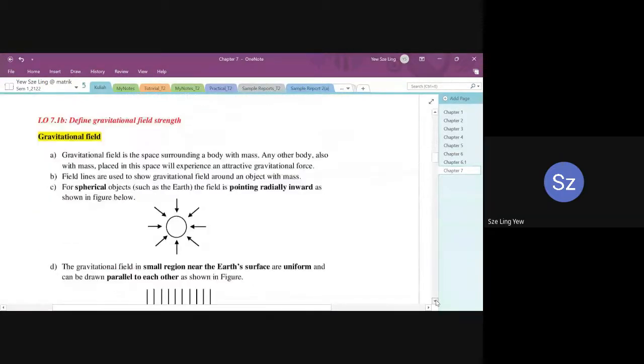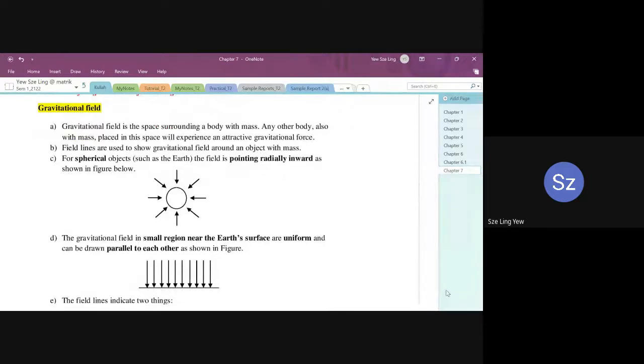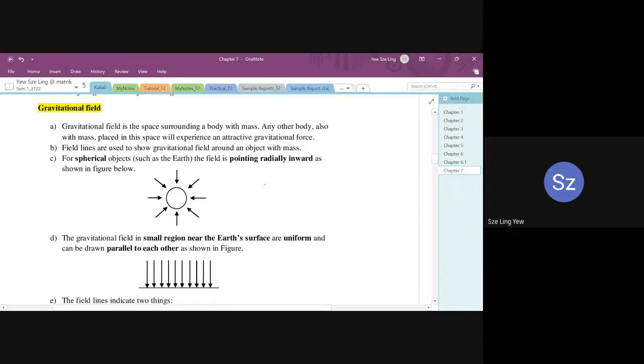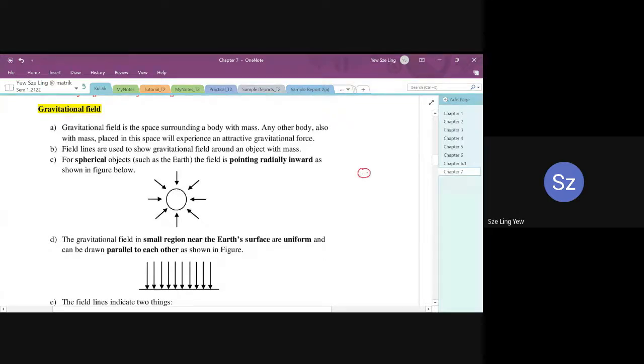All right. So now, how do we know whether an object experiences an attractive force or not? Then we look at its gravitational field. If you place an object inside the gravitational field of the other object, then it can feel the gravitational force. A gravitational field is a space surrounding a body with mass. So let's say this is object 1.